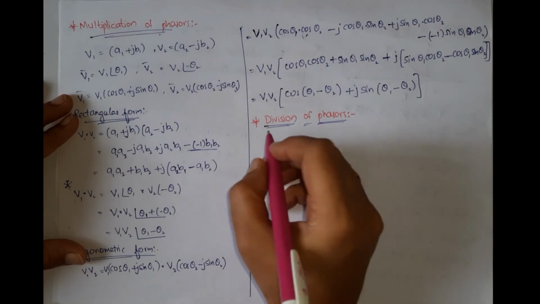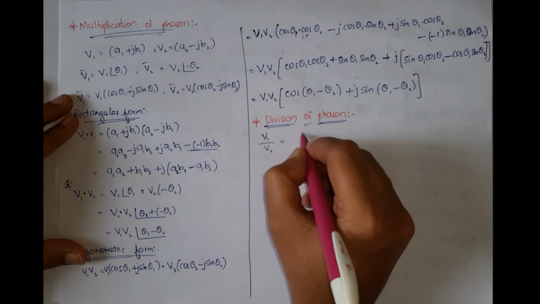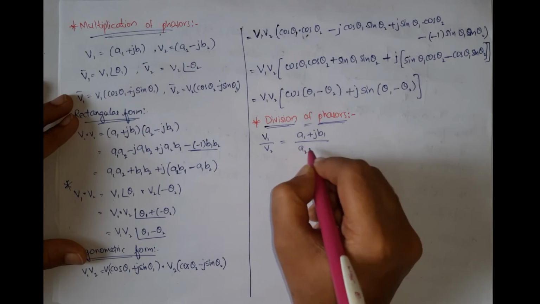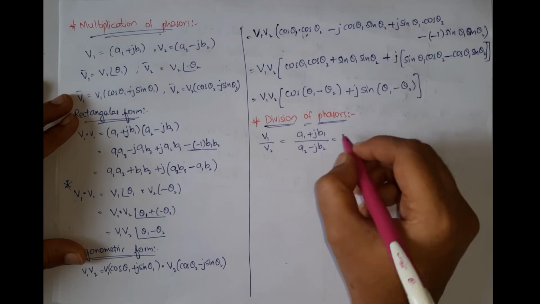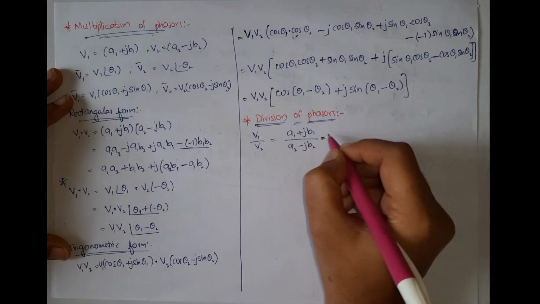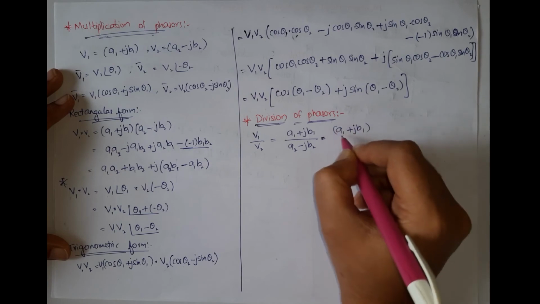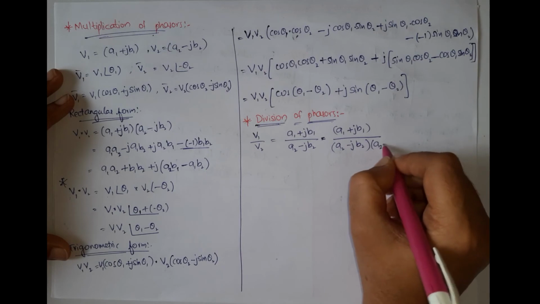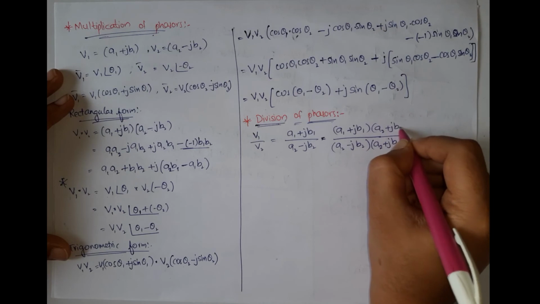Coming to division of phasors, let us see. V1 by V2 in rectangular form, A1 plus JB1 by A2 minus JB2, right? So how is it done? Take the complex conjugate and multiply both numerator and denominator with it. You'll be getting A1 plus JB1 by A2 minus JB2 into A2 plus JB2 over A2 plus JB2.